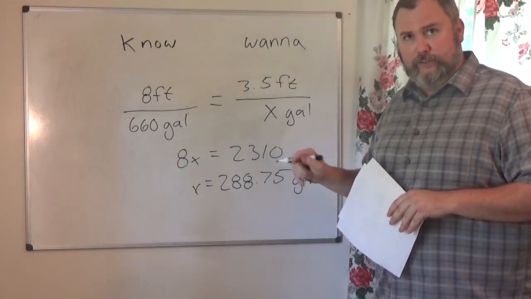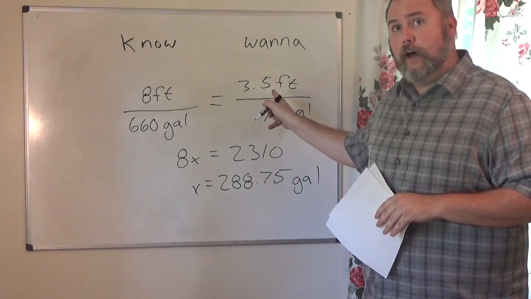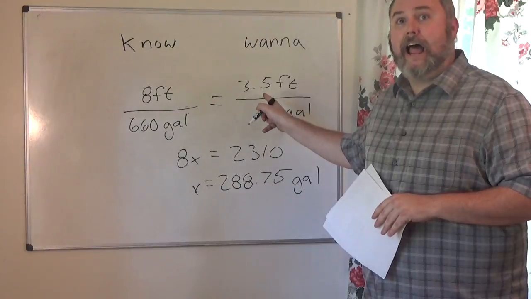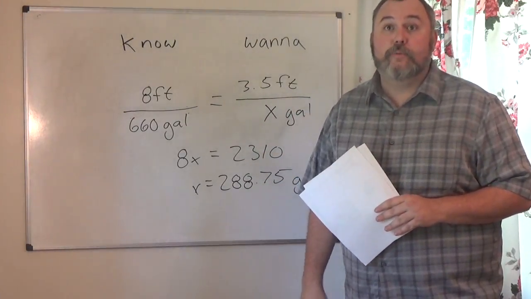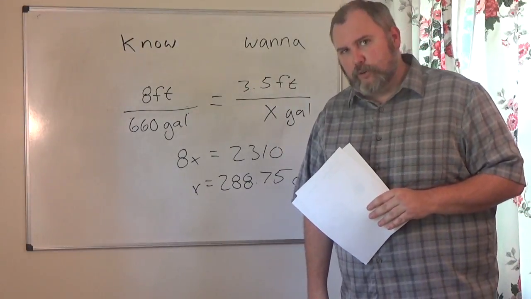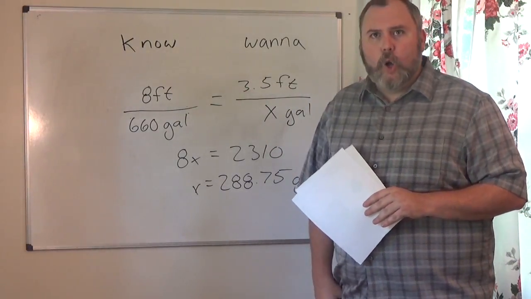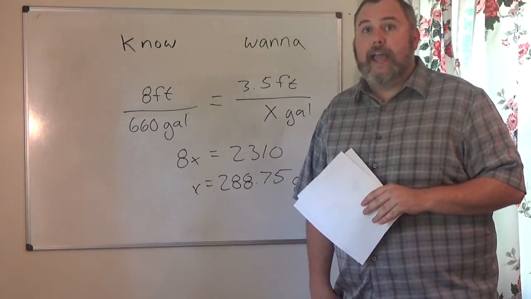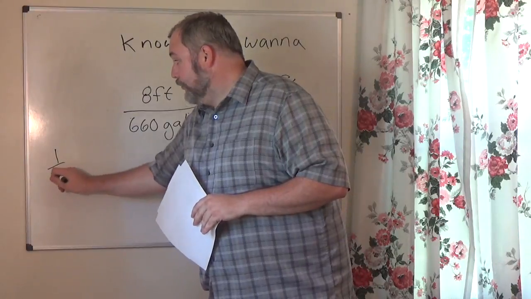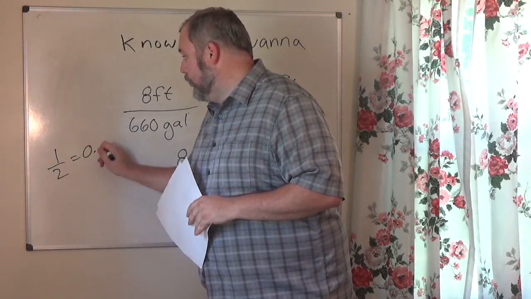Now wait a minute, Mr. Lewis, that's not what the question said. It said 3 1/2, a fraction. Well, 3 1/2 written in decimal form is 3.5. You're going to find out that it's a whole lot easier to change a fraction into a decimal. And 1/2 is equal to 0.5.